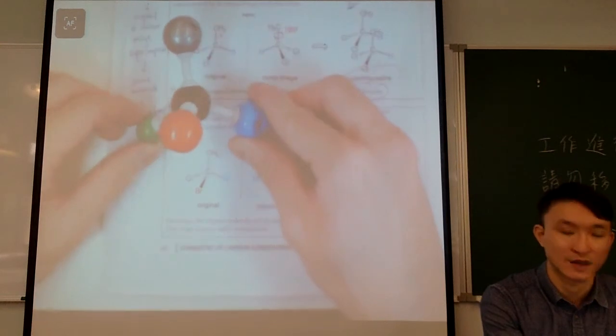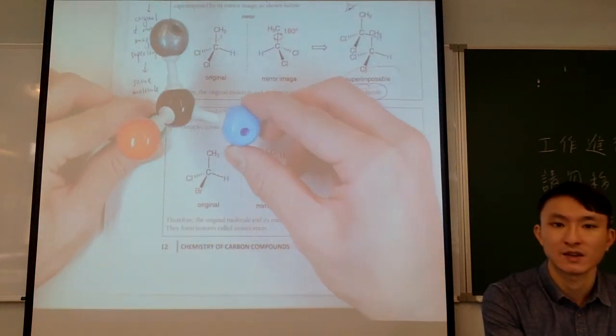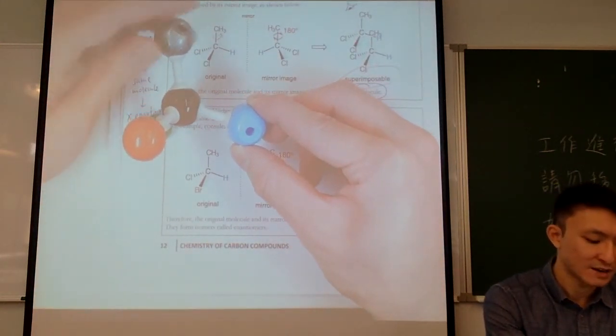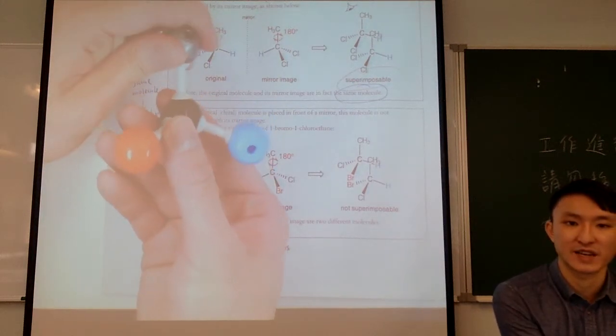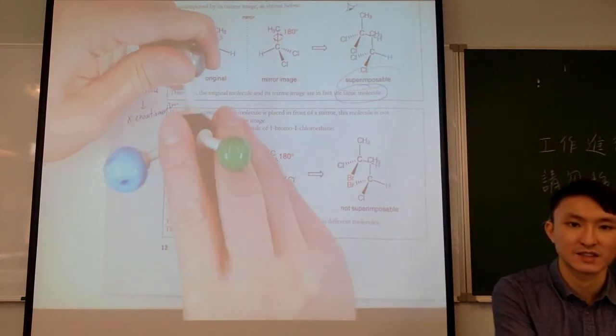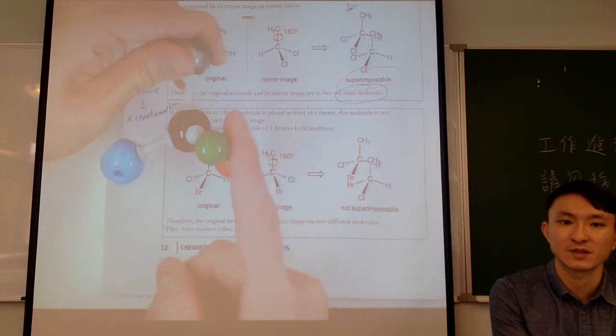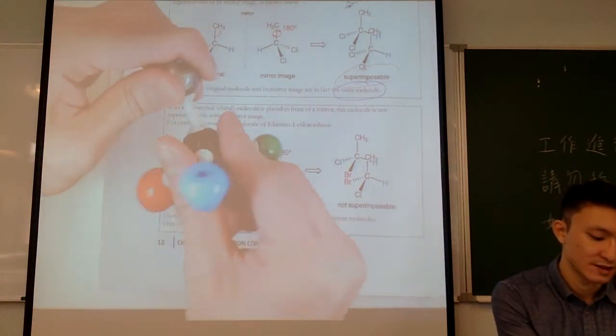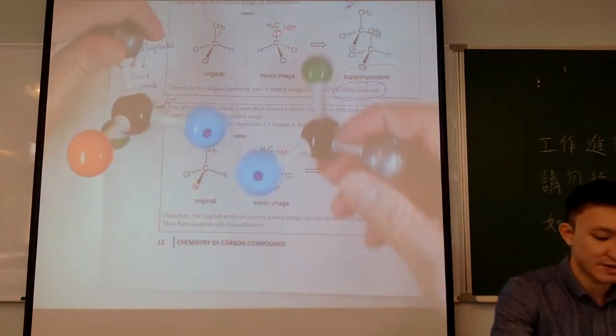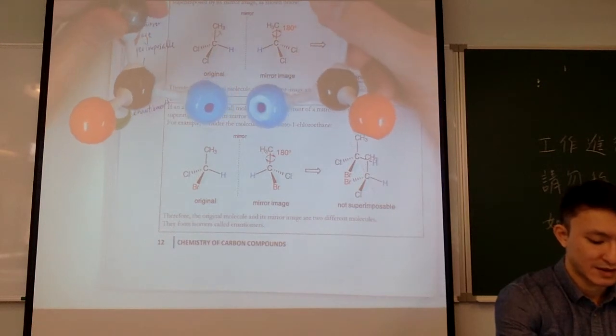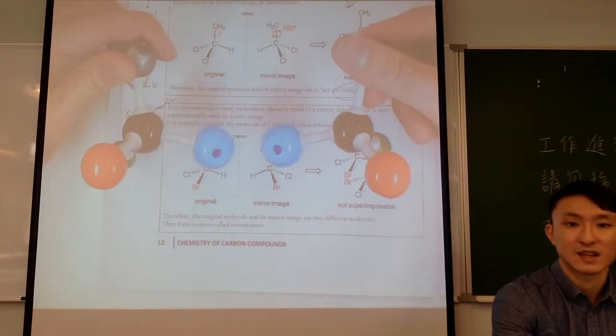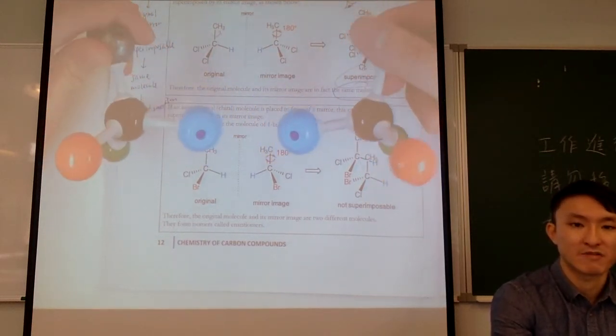So now we have this one, and as it rotates 180 degrees, like this, now it becomes this one, and that would be here. So these are the original one and the mirror image.